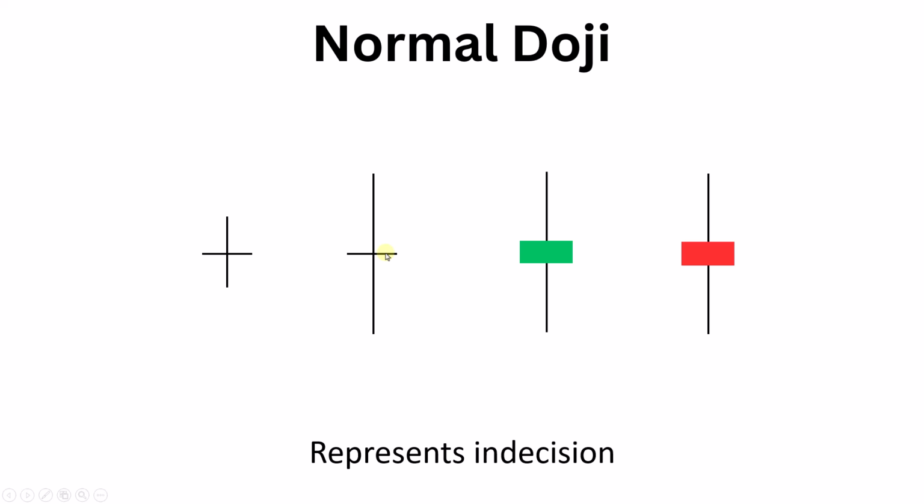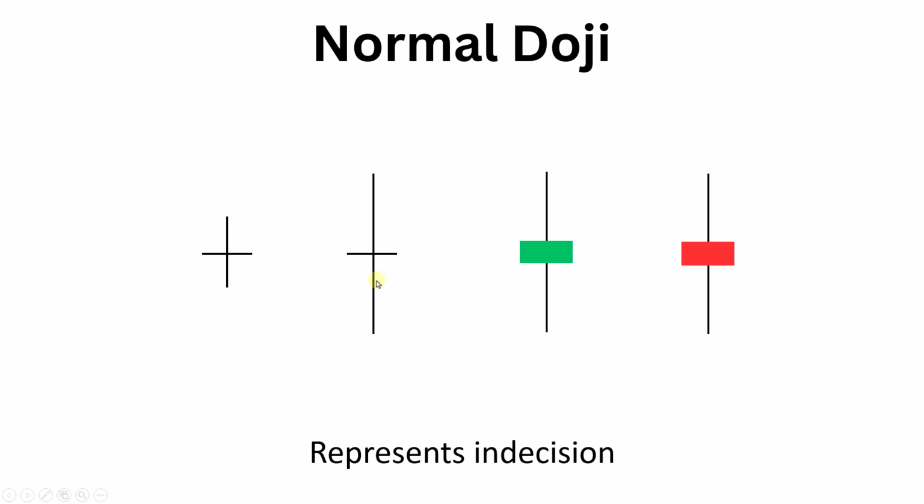And when that happens, we get a doji because both buyers and sellers are not sure of their next move. The buyer thinks that he can take the price up, but the seller will bring it down. The seller thinks that he can take the price down, but the buyer will push it back up. And when both are of the same strength, we get a doji.